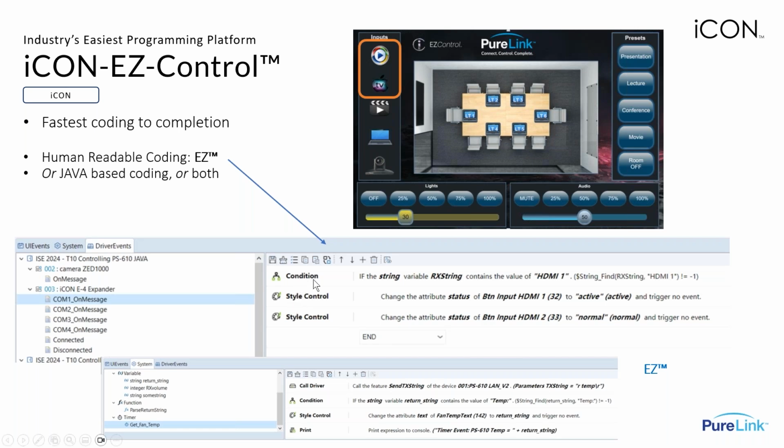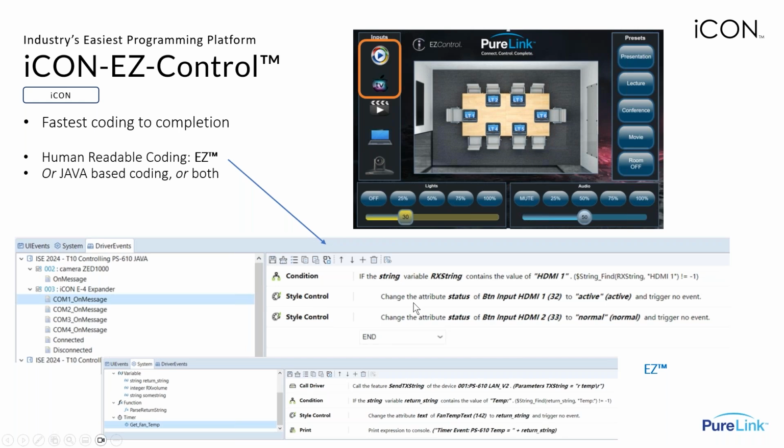You'll see in easy language, there's a condition saying if there's a return string coming into the control system that contains HDMI1, then change the state of buttons on the screen so they reflect to the user what the actual state is. This entire conditional statement is created with mouse clicks. So it takes very little time and effort to do that.